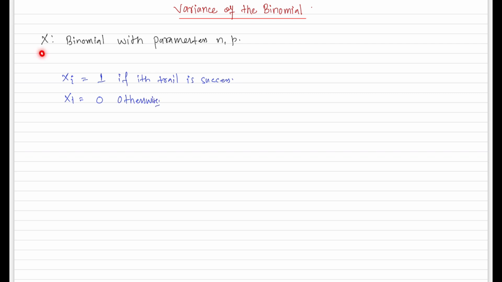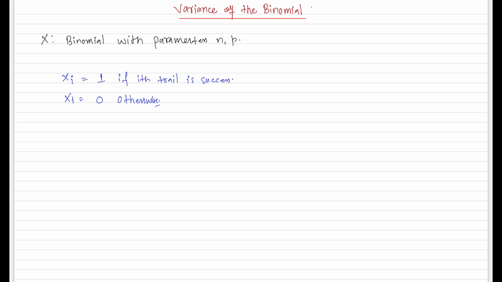X is the total number of successes in n independent trials.